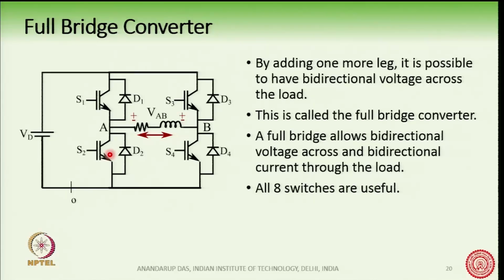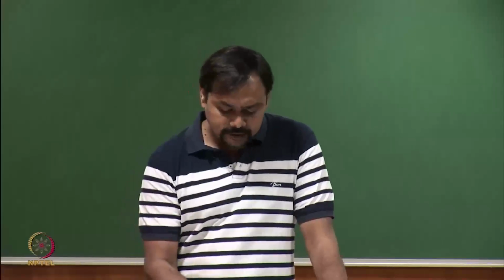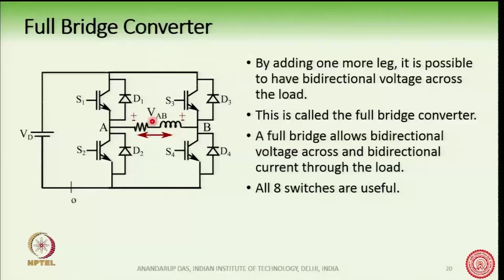So, why are we then adding this second half bridge? The second half bridge is added mainly because we want to get bidirectional voltage across the load. Remember, with a single half bridge we got unidirectional voltage and bidirectional current.